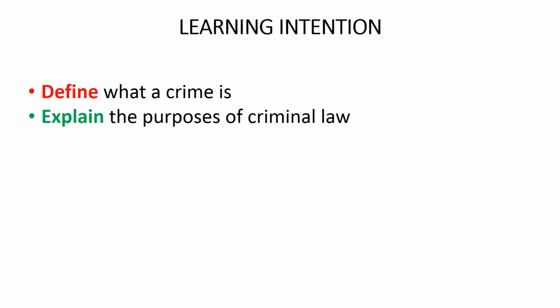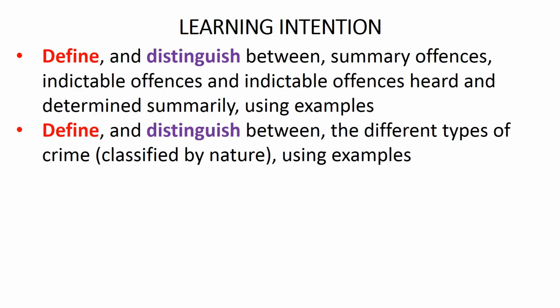Having listened to this video and taken notes, you should now be able to define what a crime is and explain the purposes of criminal law. Here are your learning intentions for the second part of this video. There are two learning intentions. The first learning intention is that you need to be able to define and distinguish between summary offences, indictable offences, and indictable offences heard and determined summarily.